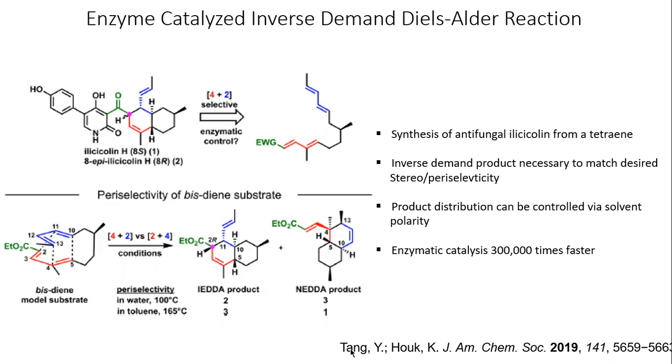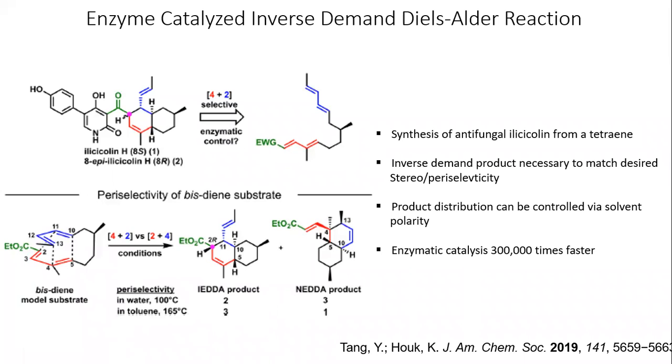That actually made a difference, and you can control the product distribution by the solvent. Right down here, if you do it in water, you get your inverse demand product versus your normal demand product in a ratio of 2 to 3. So there's a competition. If you do it in toluene, then this product is formed 3 to 1. It's still competition, but that's a little bit of an increase in the product distribution for the product that you want, which is this product right here, with the inverse demand.